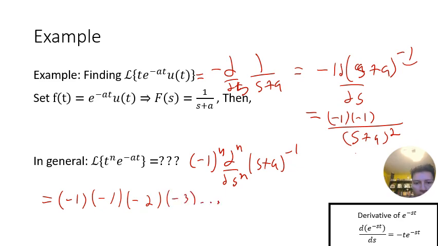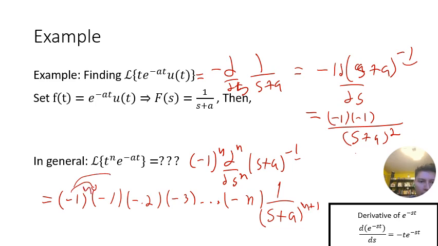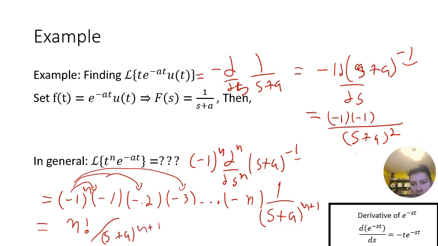So each time we are taking a derivative, we're going to be decrementing 1 in the power up to negative n, because that would be the nth derivative. And then we get times 1 over s plus a to the n plus 1. Now, these negatives, so remember that this is to the nth power, will each cancel one of these negatives so that we actually end up with just a simple n factorial over s plus a to the n plus 1.